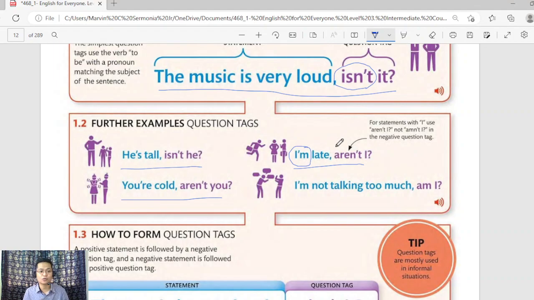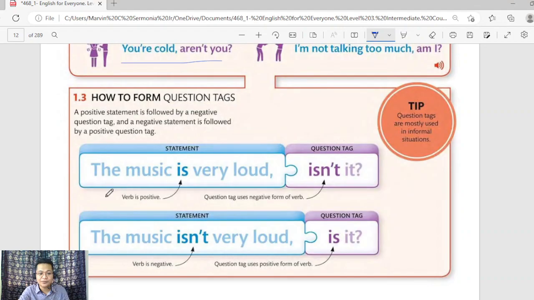Now let's address the question: how do we form question tags? Let's try to dissect the following example. The music is very loud. One important thing that you have to look at in the statement for you to make a question tag is the verb. The be verb used in this statement is the word is.